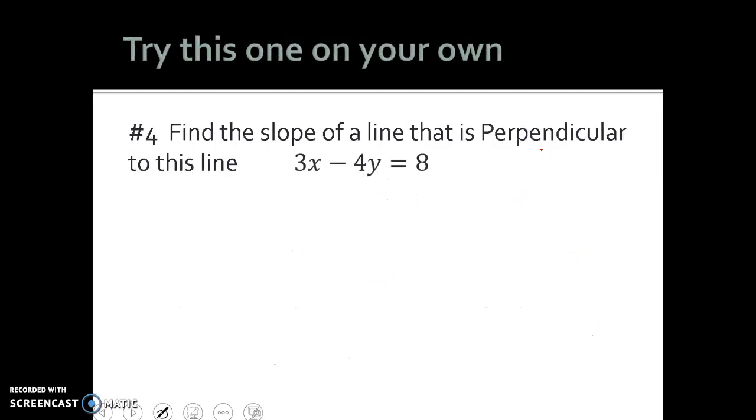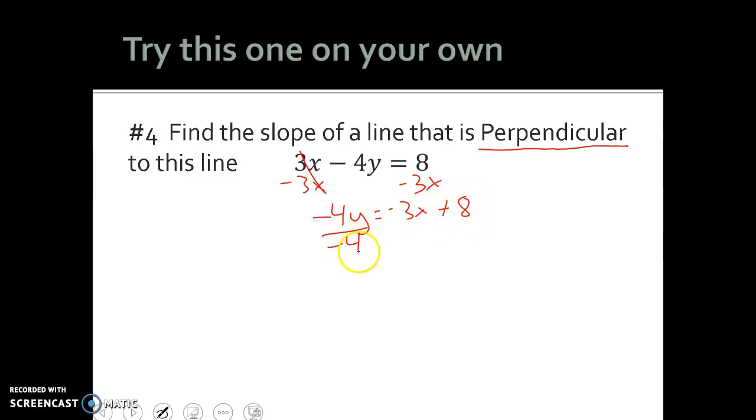Let's take a look at example number 4. We want to find the equation of a line, or find the slope of a line that is perpendicular to this line. So we are going to start by finding the slope of this line, which means we want to get it in slope-intercept form. So we're going to subtract 3x from both sides. So we'll have -4y equals -3x plus 8.